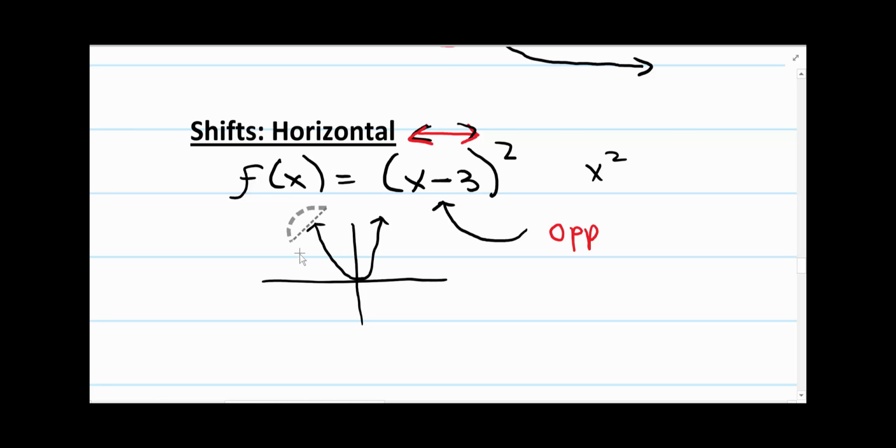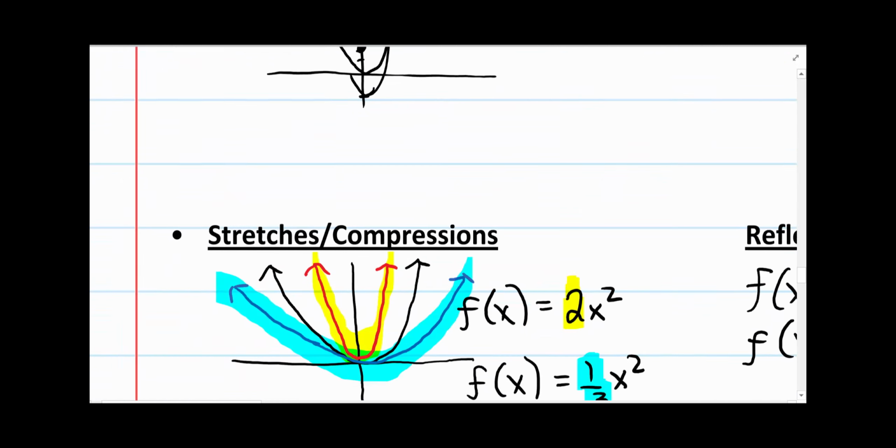So let's see if I can get this moved okay. We're just going to move over to +3, and that would be that graph. So horizontal shifts, you'll be looking at the inside of parentheses numbers. You take the opposite number of the value inside the parentheses with the x.